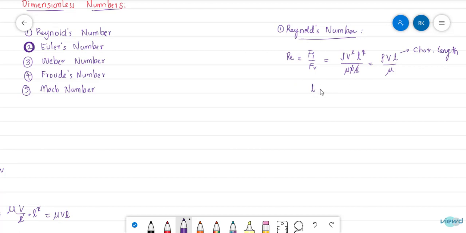This characteristic length is equal to 4 into AC by P, 4 into cross-sectional area divided by perimeter. This is for internal flows. Next is Euler's number. What is Euler's number? It is the ratio of inertia force to pressure force.